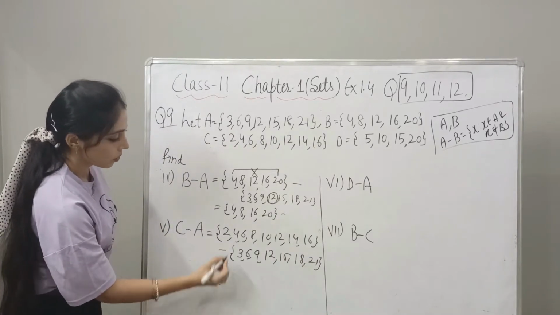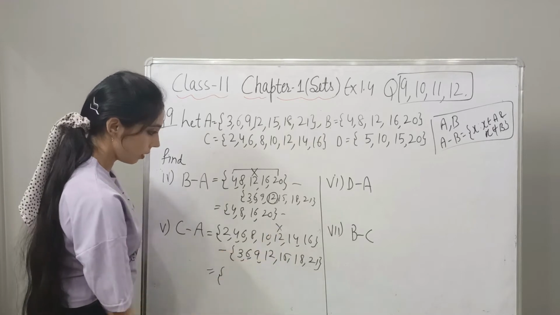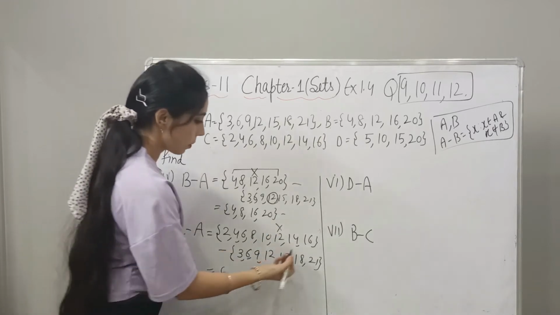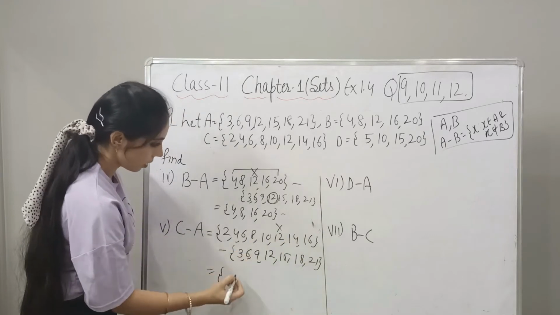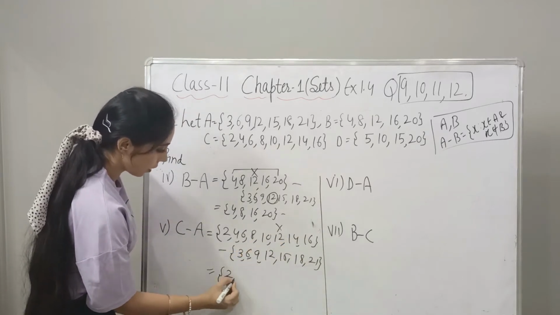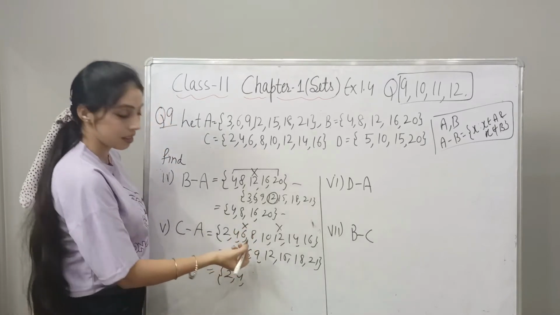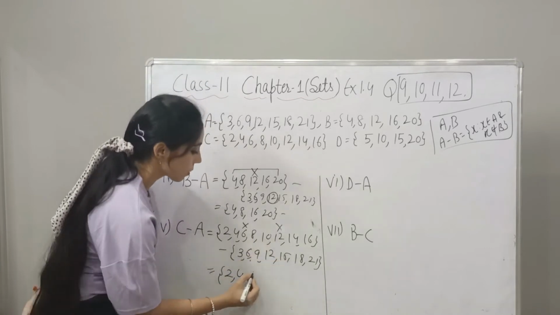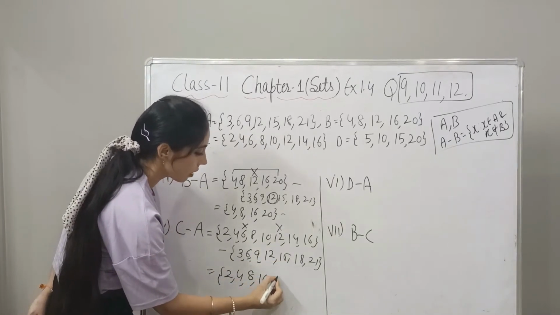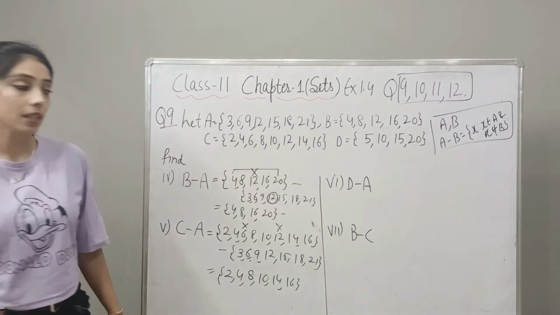So this will contain all the elements except 6 and 12. It is not containing 18 anyway. So 2, 4, then 6 is excluded because 6 is a multiple of 3 and is in the other set. So the answer is 2, 4, 8, 10, 14 and 16. This is the difference of C and A.